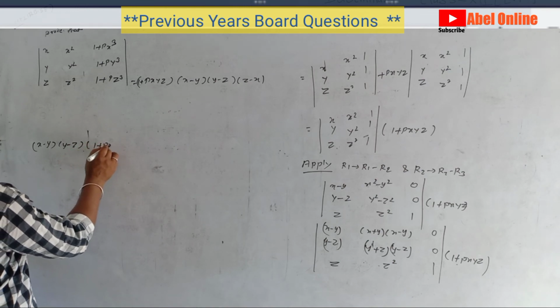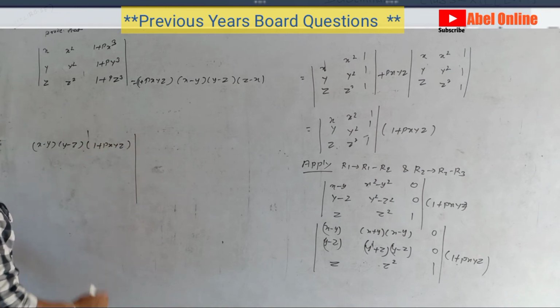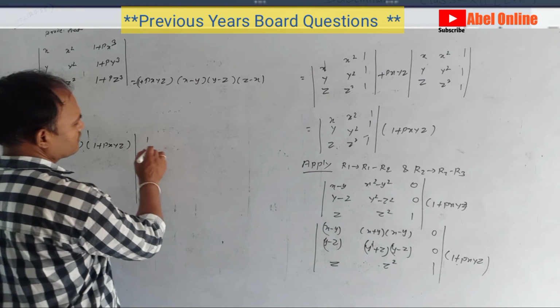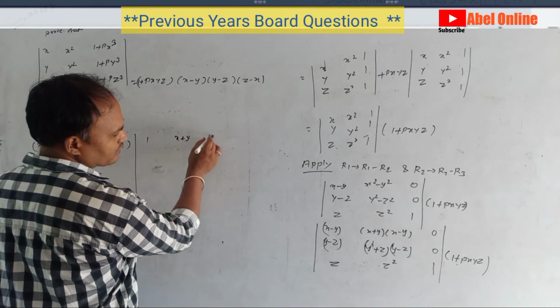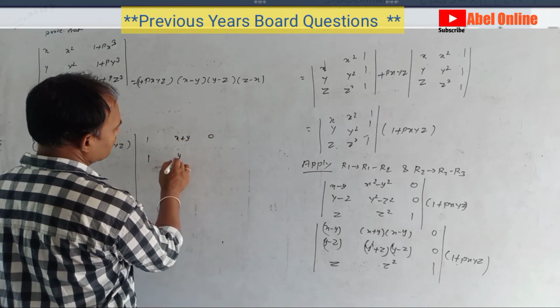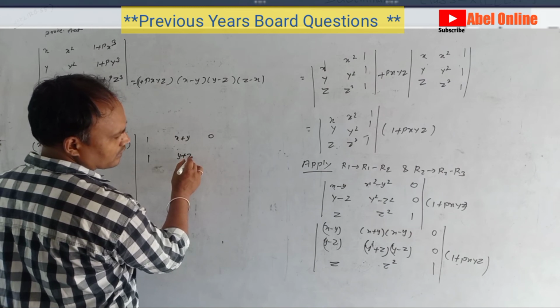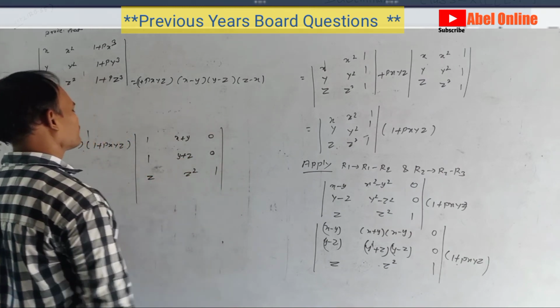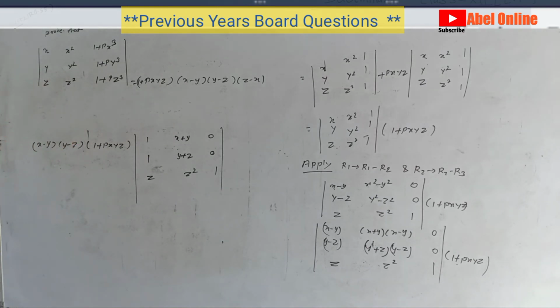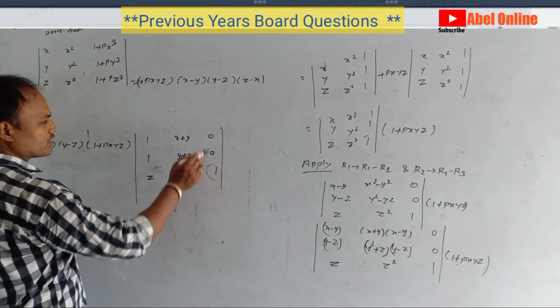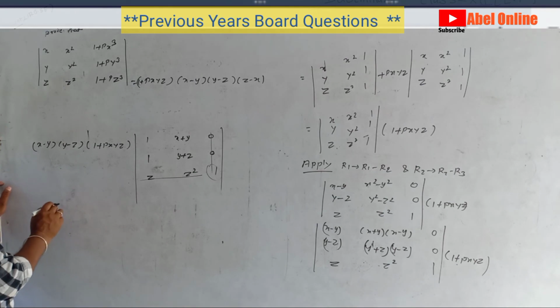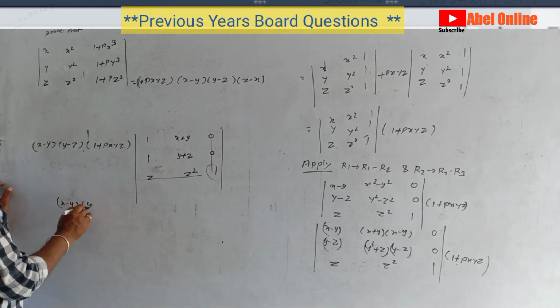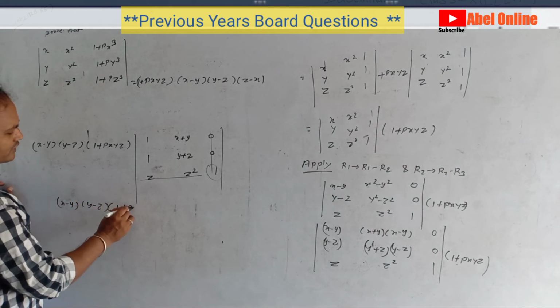And what about here? It is 1, x plus y, 0; 1, y plus z, 0; z square, 1. So we operate with this, and this and this are eliminated, so it is x minus y, y minus z, 1 plus p x y z.